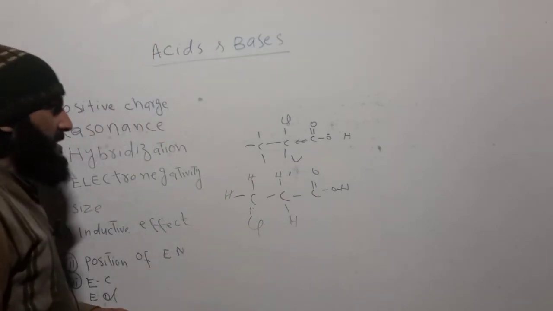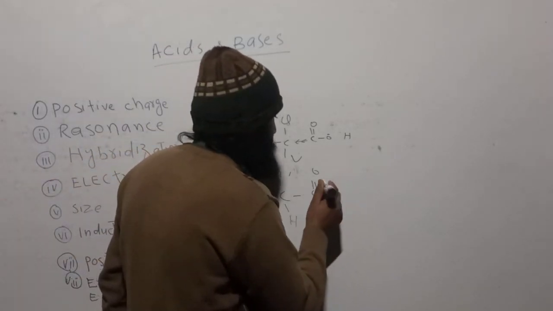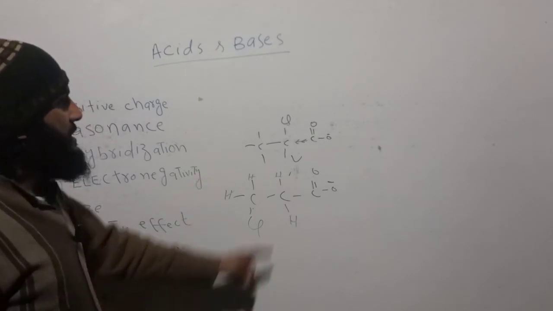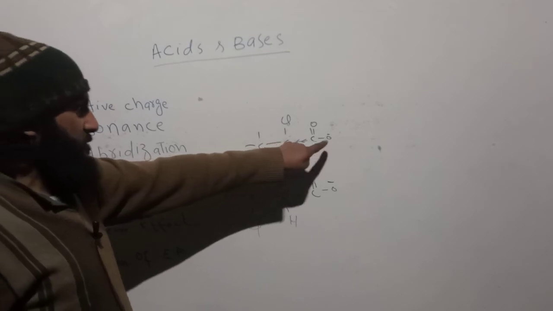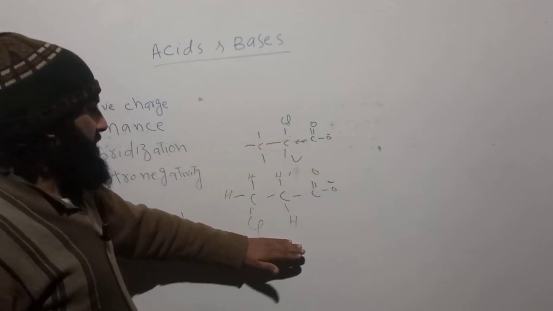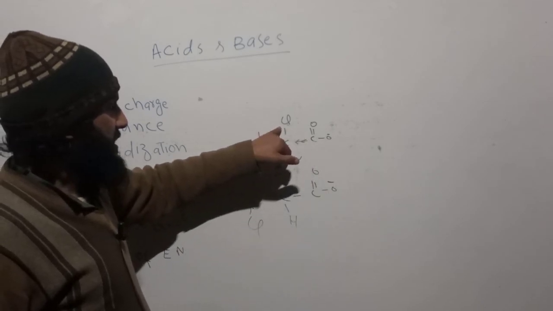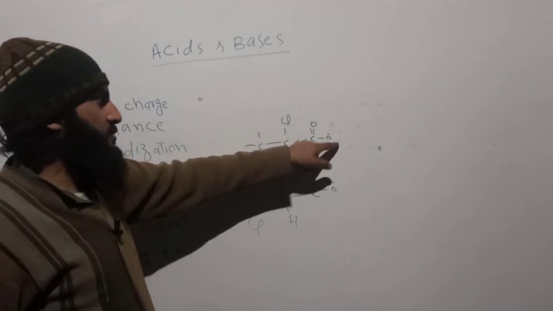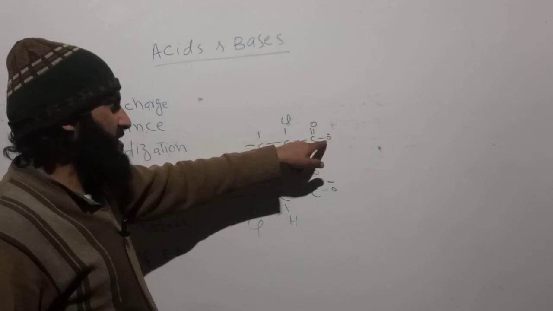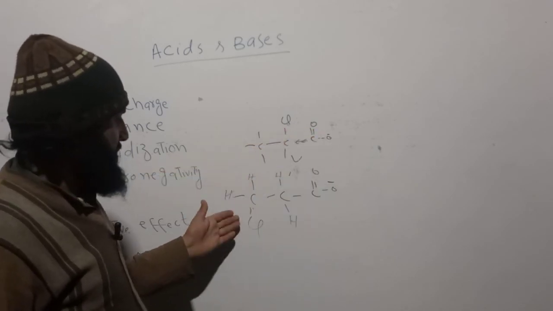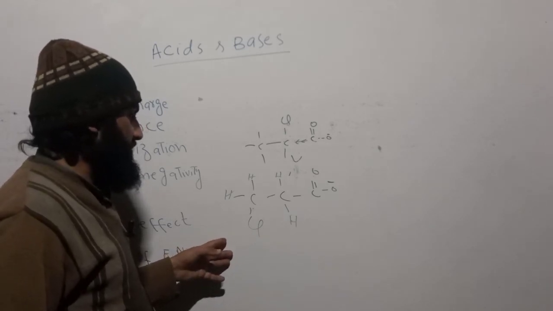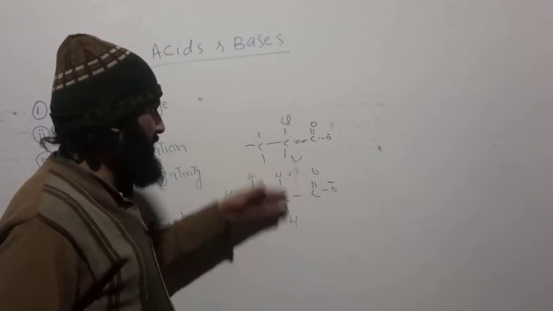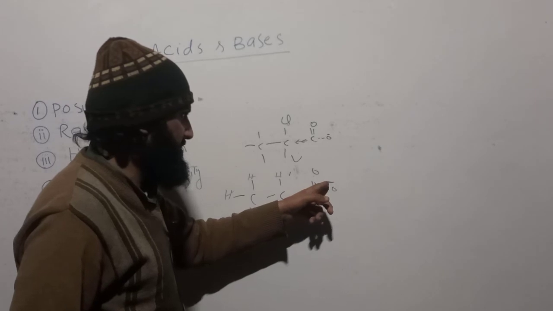Because if we remove this hydrogen, then in such a situation this is a stable conjugate base as compared to that, because this electronegative atom is near to this negative charge, which attracts the electron from this negative charge and decreases the charge density here, while in such a situation the electronegative atom is farther, so it cannot attract the electron from this negative charge as compared to that, so electron density is higher here as compared to that.